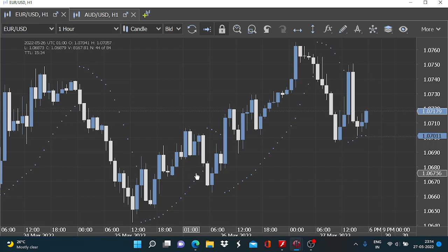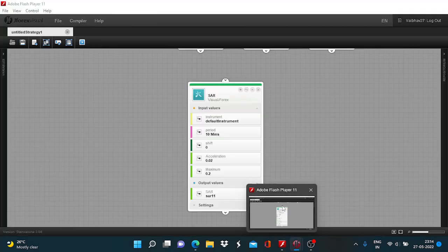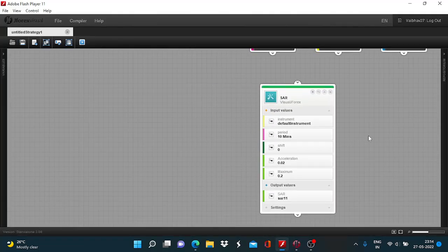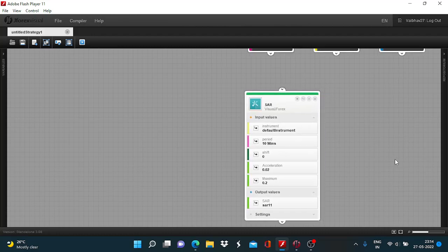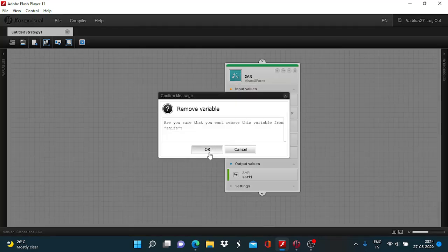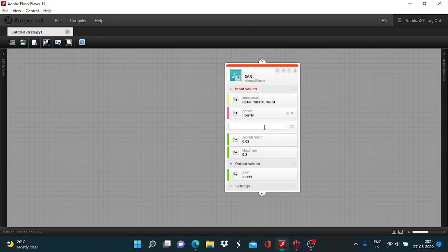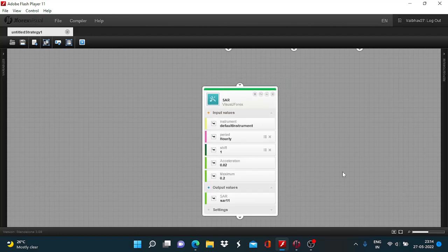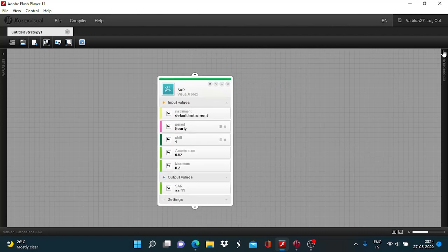Now let us head back to the Visual JForex board. Here I will change this SAR's input parameter. This will be changed to hourly, and the lookback period will be defined at 1, and we need one more SAR output.